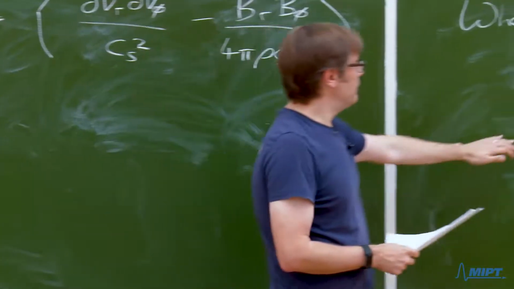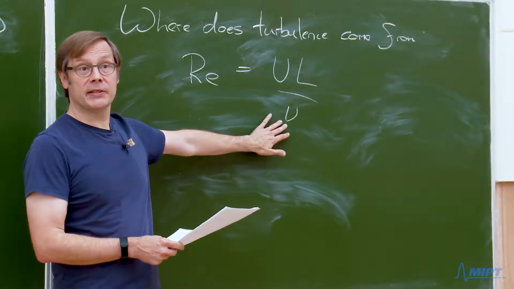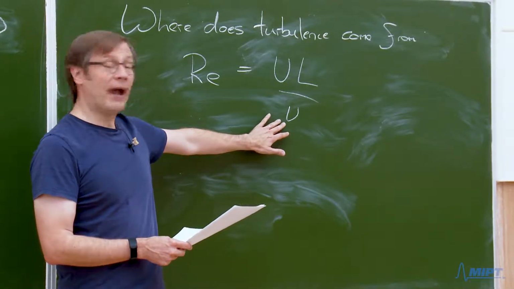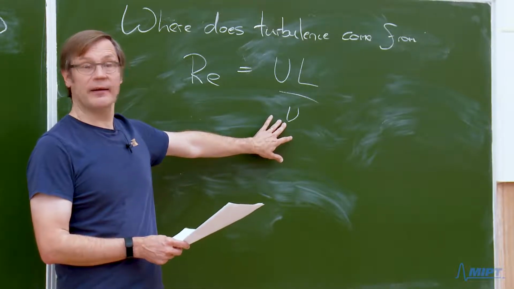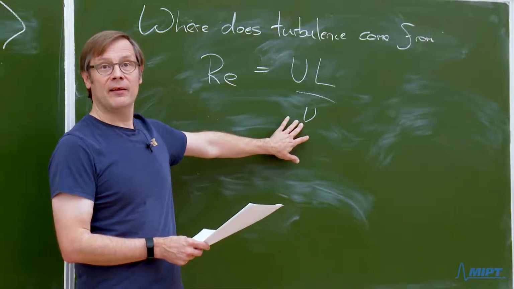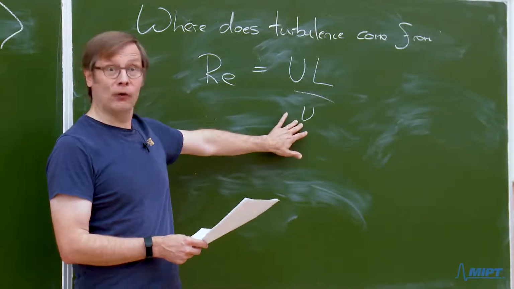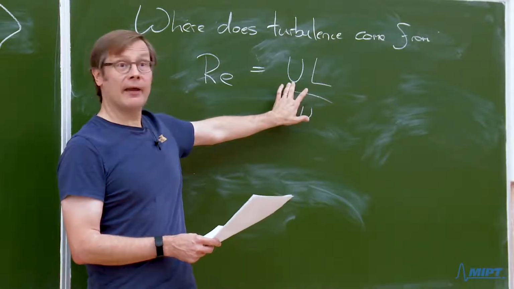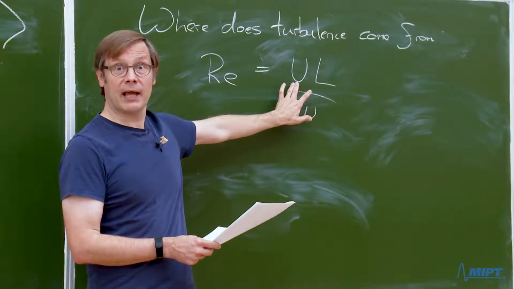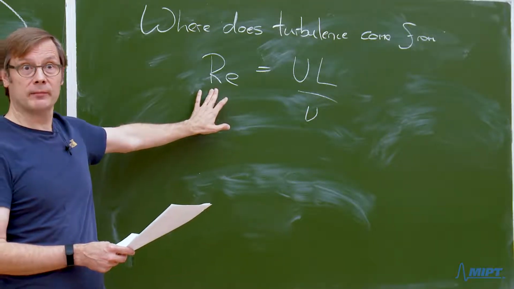And if we use for nu here, as we should do, the molecular viscosity within the disk, then the fact that the molecular viscosity is very small, which we already said was an important reason for understanding that molecular viscosity is not what is transporting the angular momentum, that small nu coupled with very large length scales and reasonably large velocity scales will obviously give us a very large value for the Reynolds number.